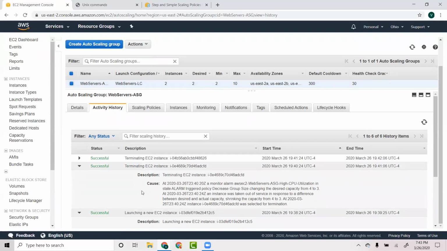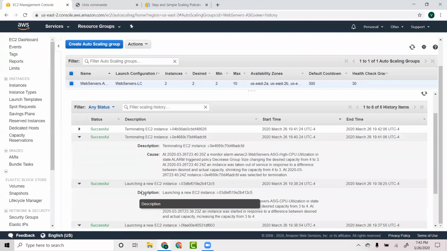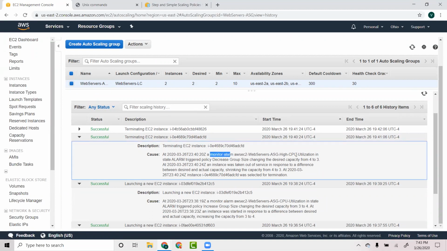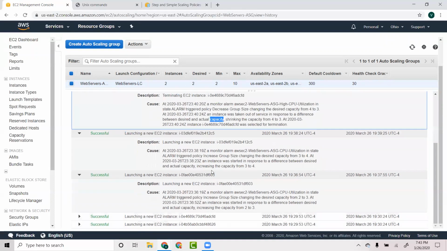Take a look at this one, guys. At 2023-26, a monitor alarm, CPU utilization. See this one, ASG high CPU utilization in state alarm triggered policy, decrease group size, changing the desired capacity from 4 to 3. Between desired and actual capacity, shrinking the capacity from 4 to 3.